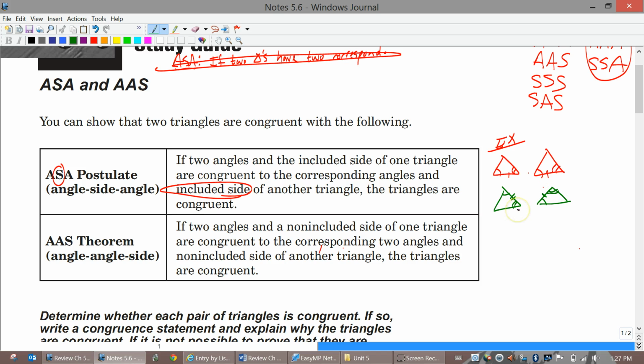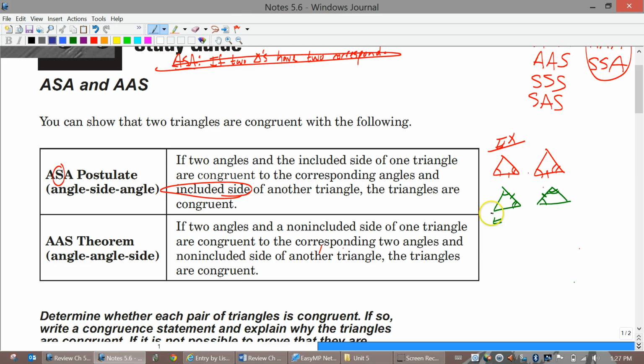If we saw it like that, we still have a side in between. I should put a second tally mark. A side in between two angles there. A side marked in between two angles. Are you with me on that? That would be ASA.